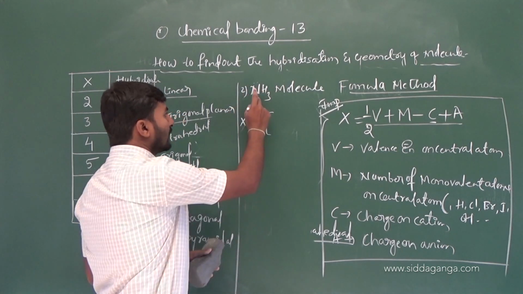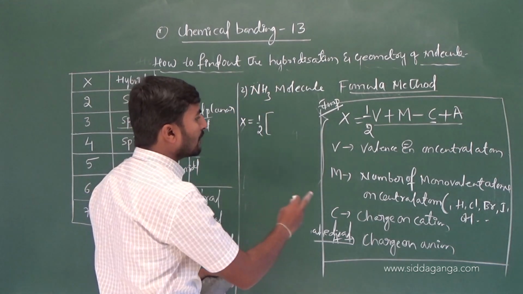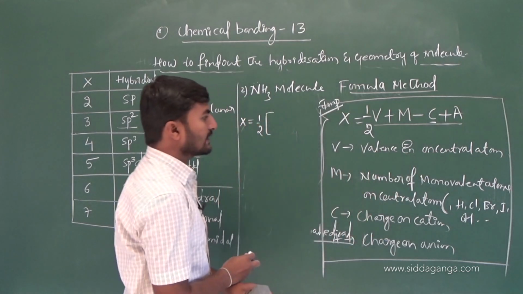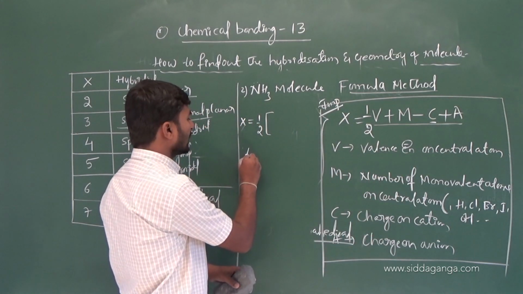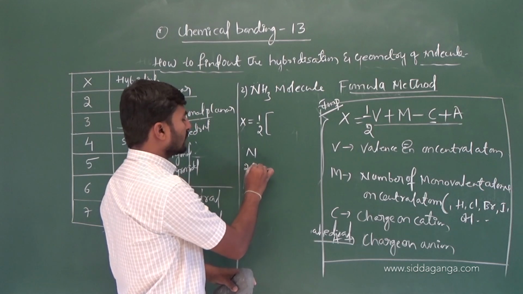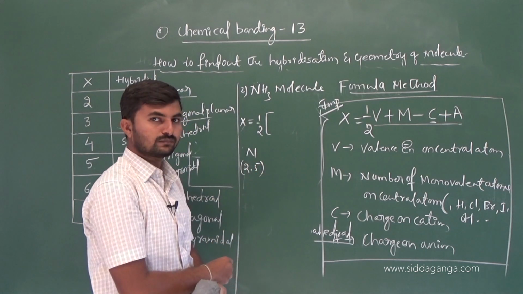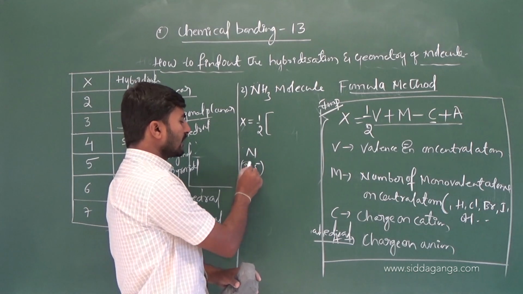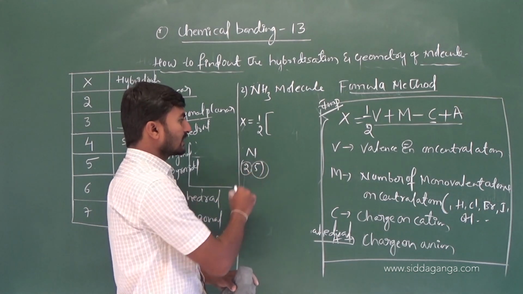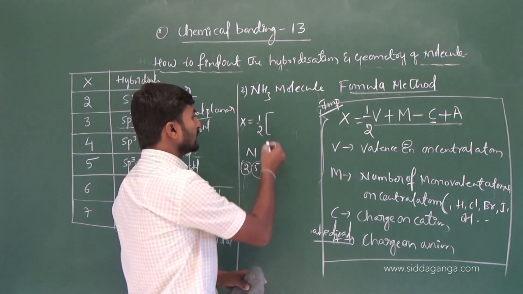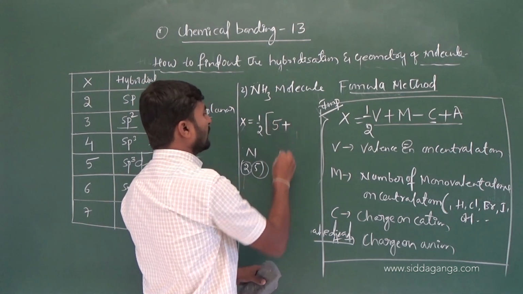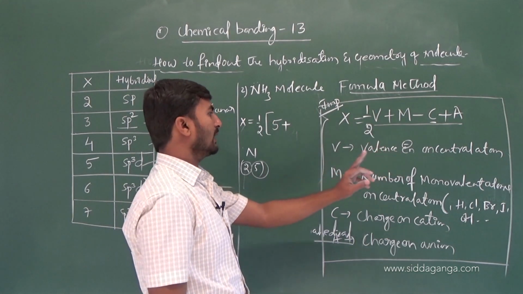Okay, in nitrogen how many valence electrons are there on the central atom? Nitrogen is having 2 5 configuration. In the ground state it is having 2 electrons, in the valence shell it is having 5 electrons, that is why it is 5 valence electrons on the central atom.